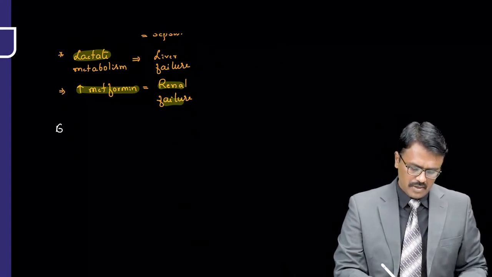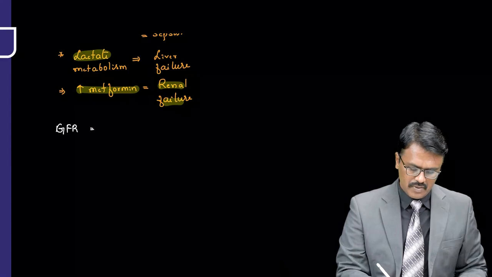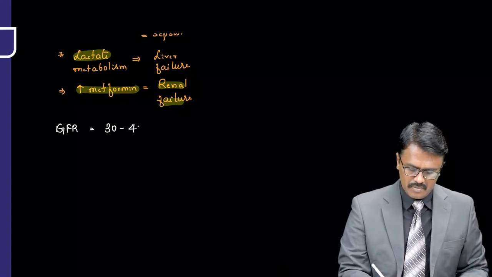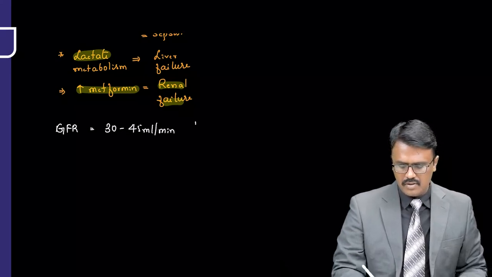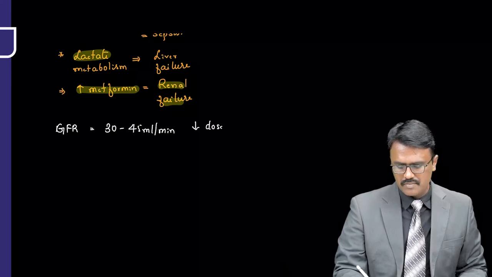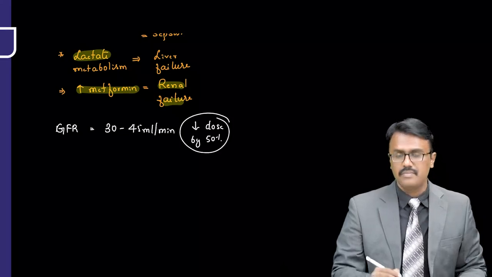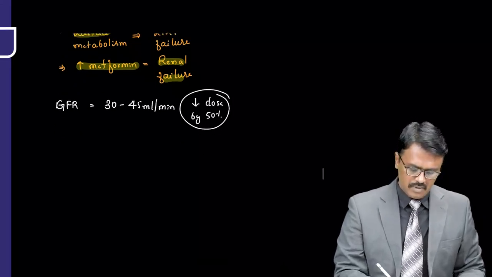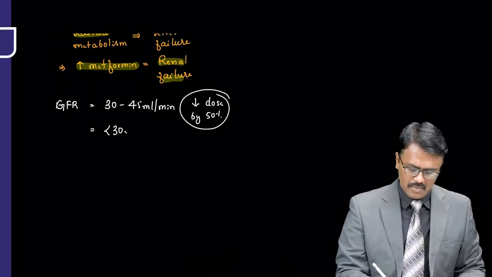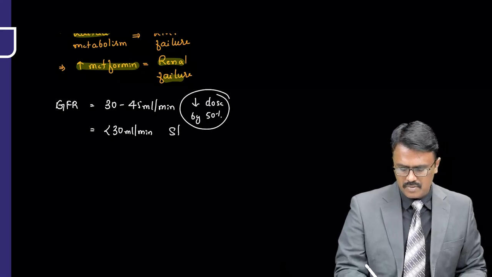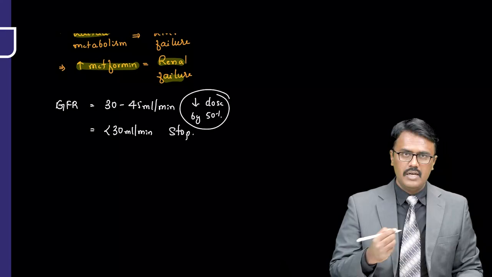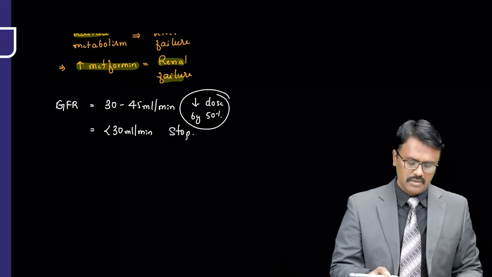Now, if the GFR is between 30 to 45 ml per minute, then you have to decrease the dose by 50%. This is the point. Now, if the GFR is less than 30 ml per minute, then you have to stop metformin. Many times in the exam, they will give you creatinine levels.